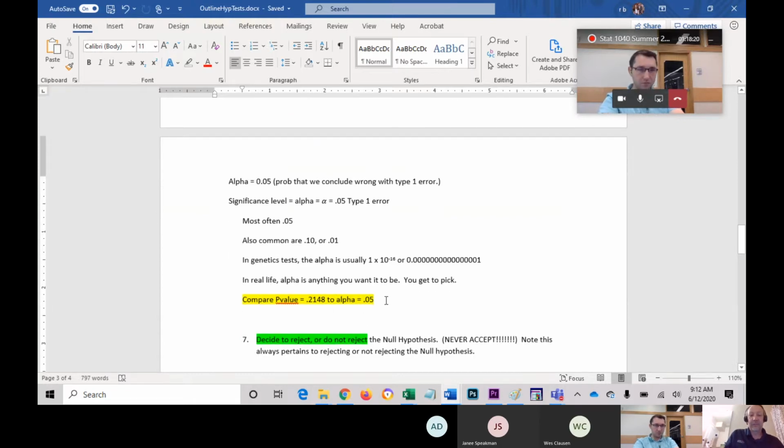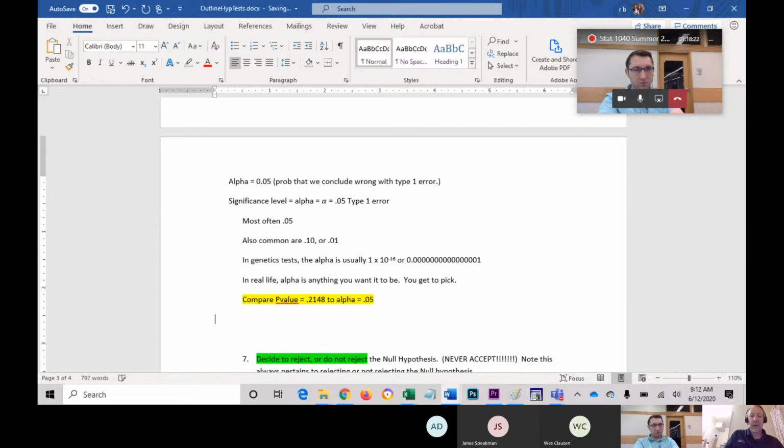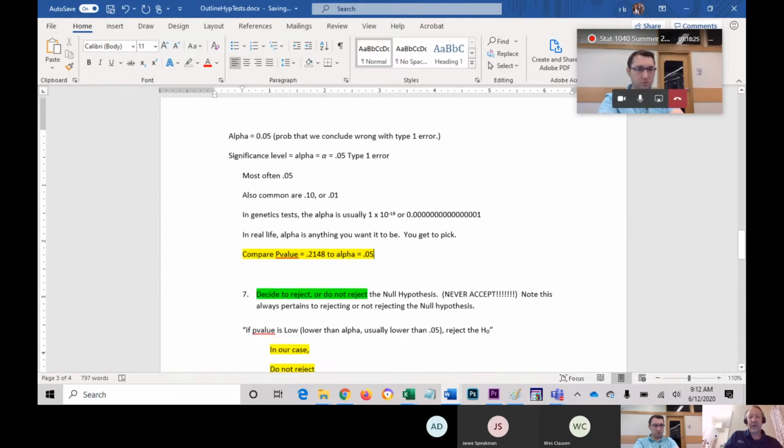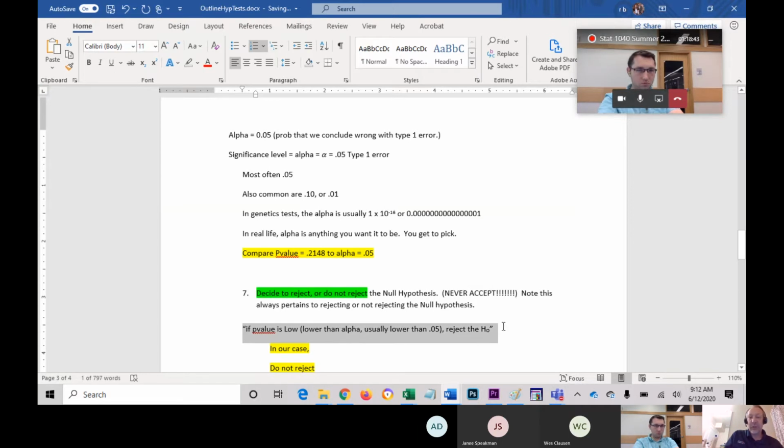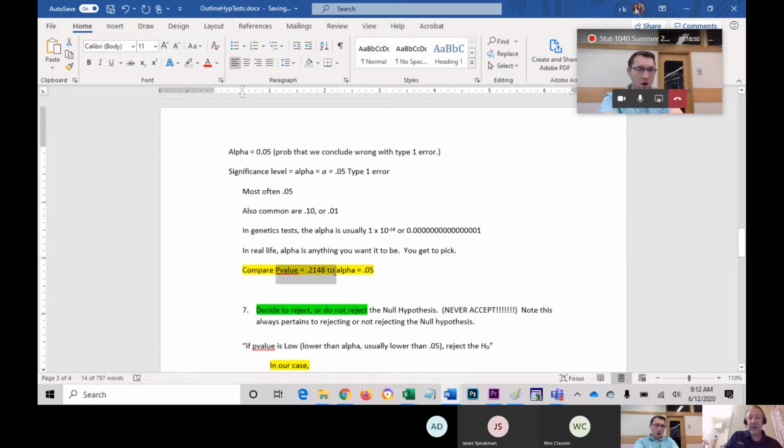So you have to decide at this step 7 whether you're going to reject or do not reject the null. We're never going to use the A word. So here's the phrase: if the p-value is low, and we're always comparing our p-value to our alpha, then you reject the null. Is our p-value 0.2148 less than 0.05?